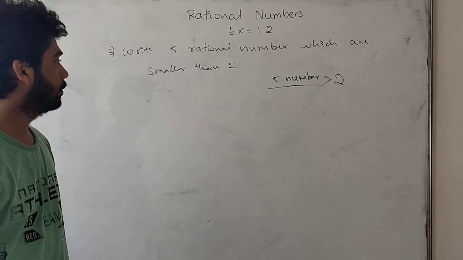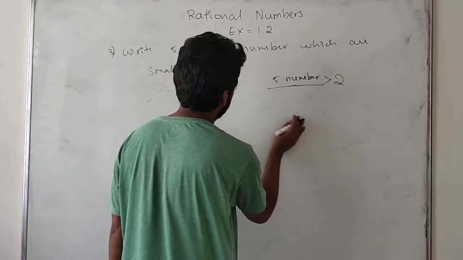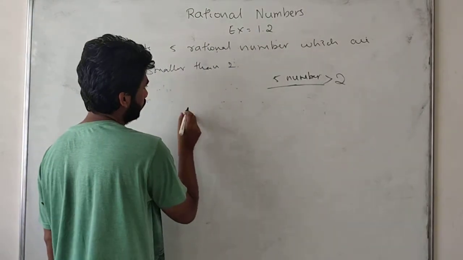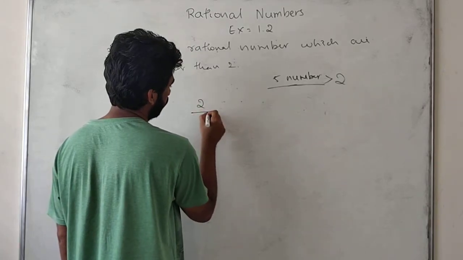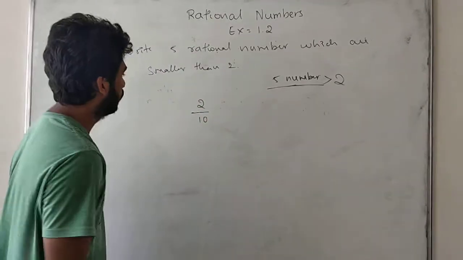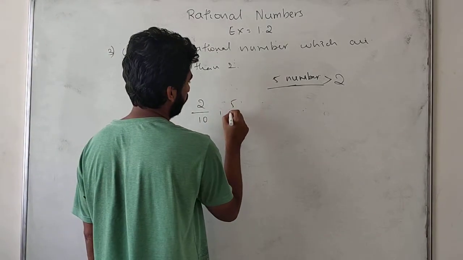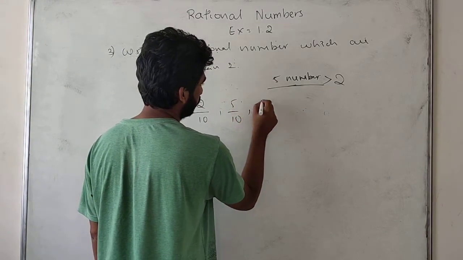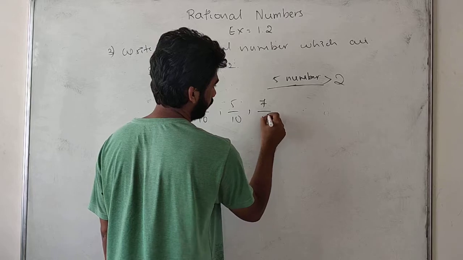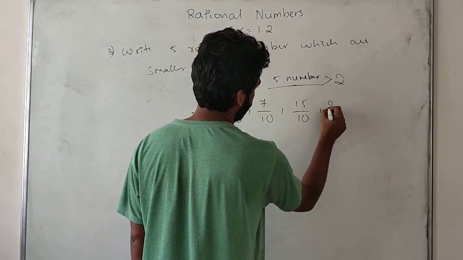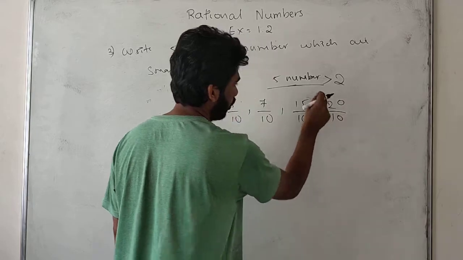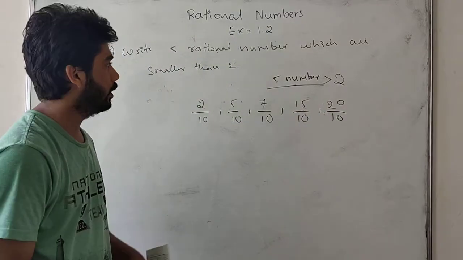Here we can write 2 by 10, 5 by 10, 7 by 10, 15 by 10. These are all numbers less than 2.